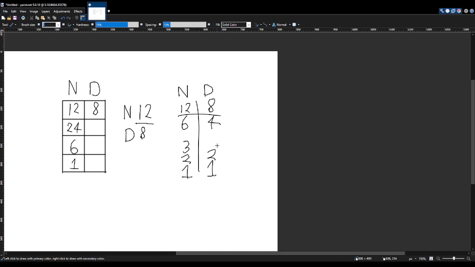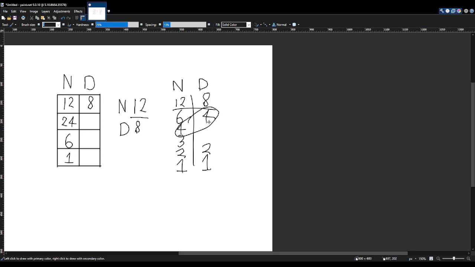Anyways, we can get rid of this 3 right here. And now, you're gonna look for the biggest numbers that are the exact same. Look, 4 and 4. These are the exact same numbers, and they're the biggest.